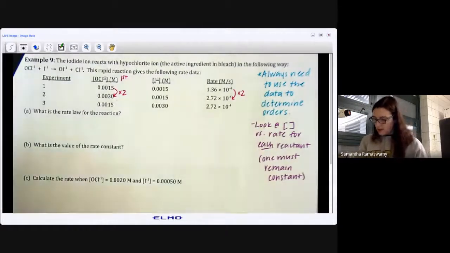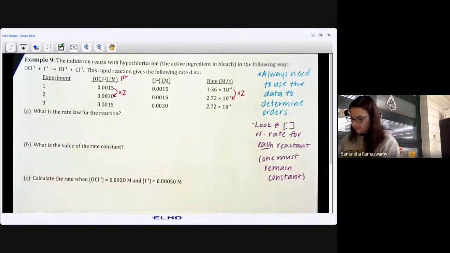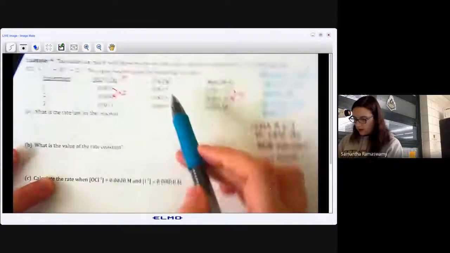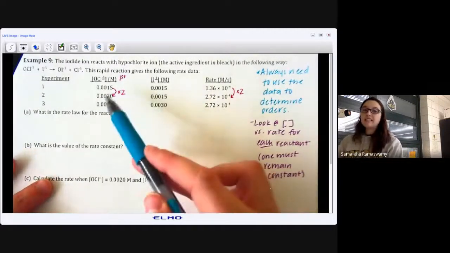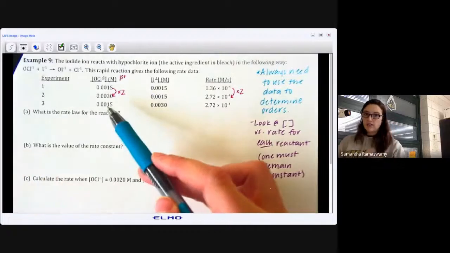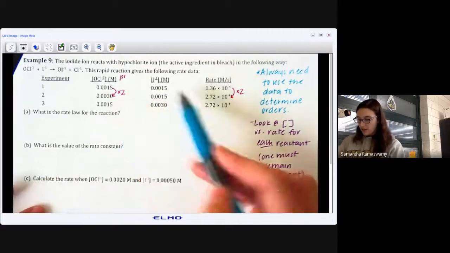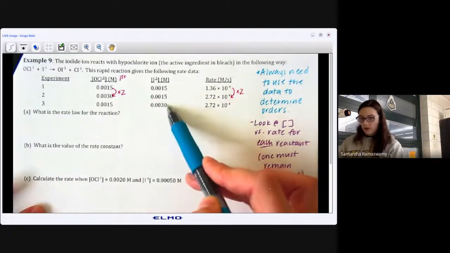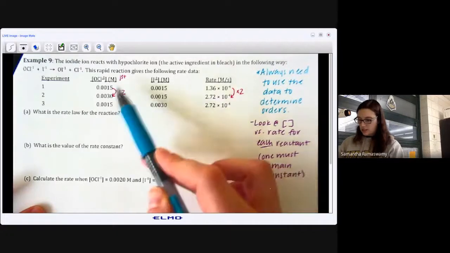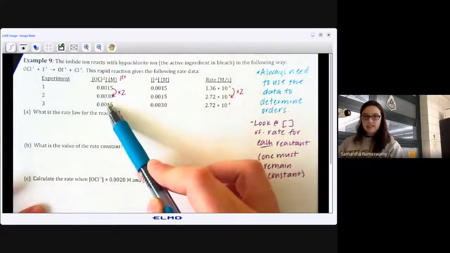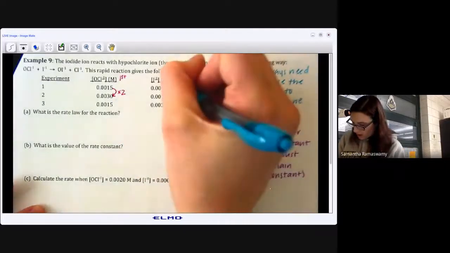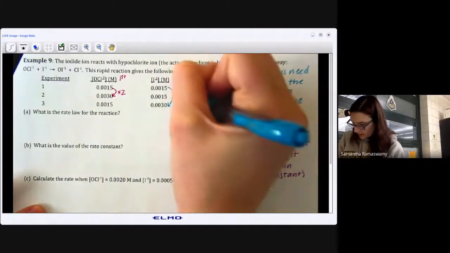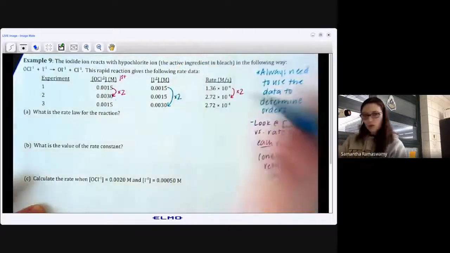So now let's take a look at I minus. Well, now I want to look at where I minus changes, but OCl minus stays constant, right? Only change one variable at a time. So I notice from experiment 1 to experiment 3, I minus changes and OCl minus stays the same. So from 1 to 3, I minus doubles.